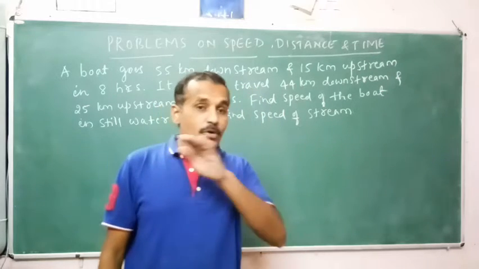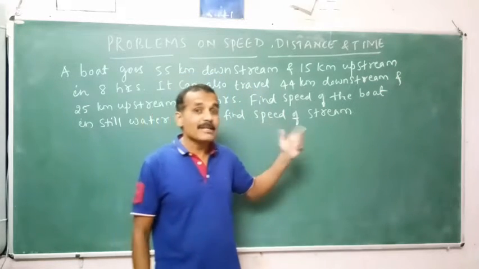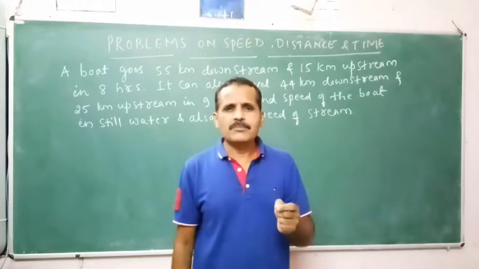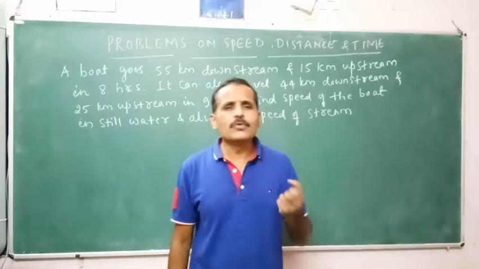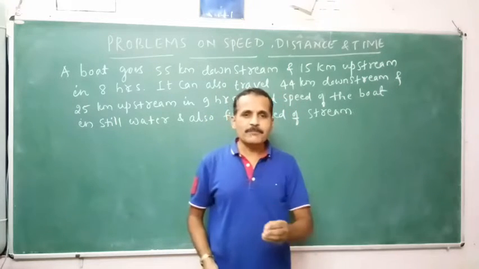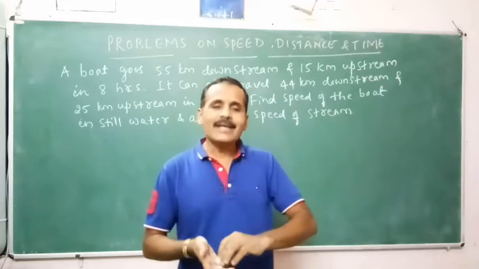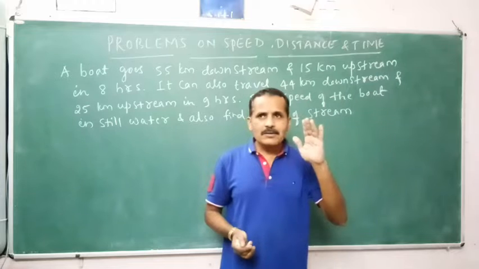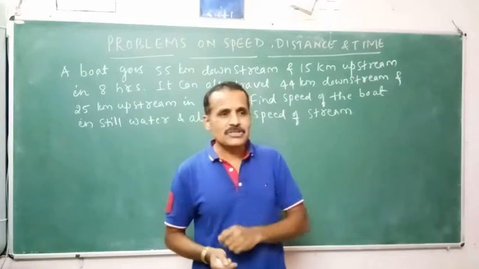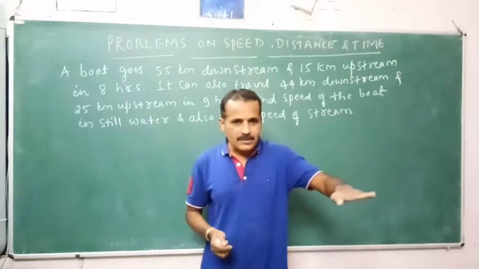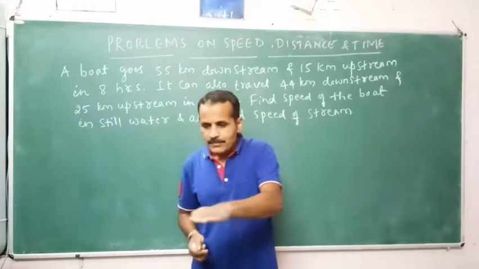Many of you might not have understood the meaning of this problem, because the words downstream, upstream, stream are all new words for you. So let me first explain what downstream and upstream are. During the rainy season, the water flows in one direction.